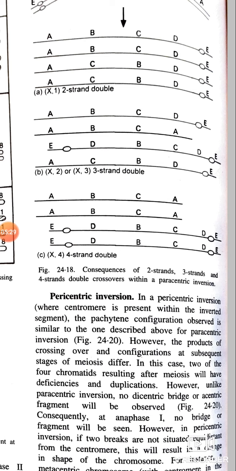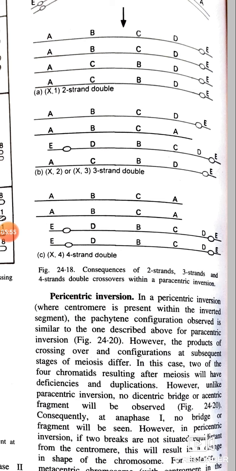In this case, two of the four chromatids resulting after meiosis will have deficiencies and duplications. However, unlike paracentric inversion, no dicentric bridge or acentric fragment will be observed.